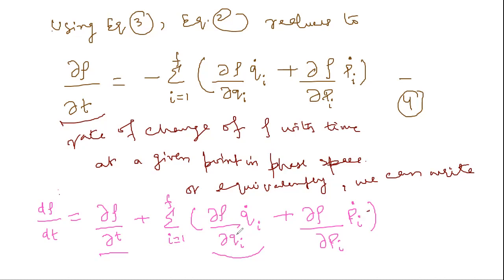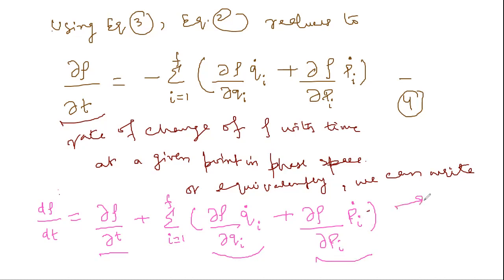Qi dot is time rate of change of qi. So that means I am multiplying these two changes to see how rho changes with qi. It is here chain rule in action. Now rho changes also with P's. So how it changes with pi? Same, we do the same chain rule usage. We find its change with respect to pi and multiply it by the change in the pi with time, right?